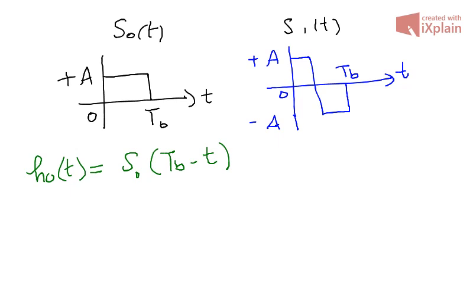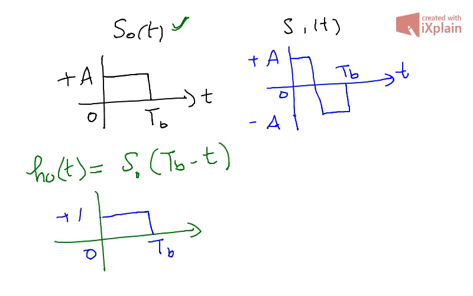So your matched filter for S0 of t is h0 of t, and if you plot it for this particular S0, it appears to be the same. If you invert it and then delay it by Tb, you get the same result. So our h0 of t appears to be this one.